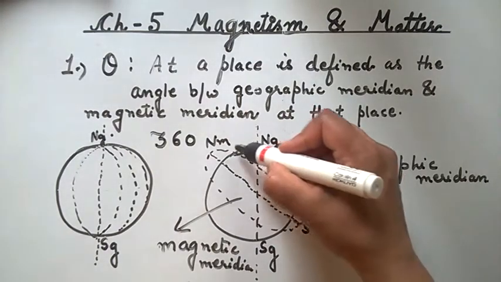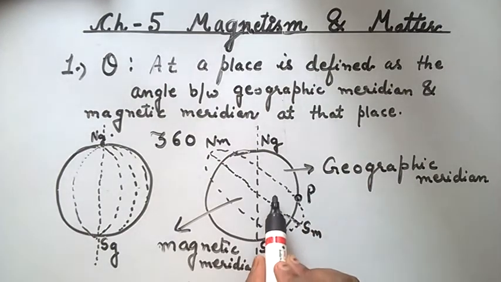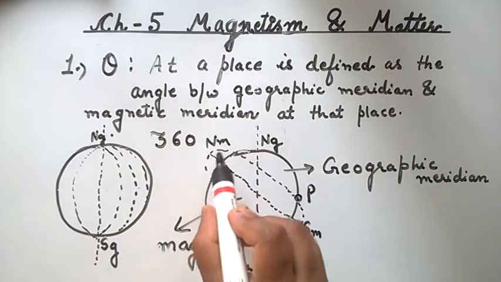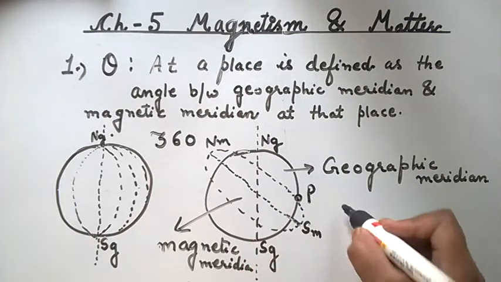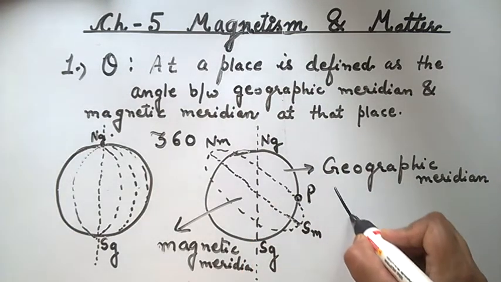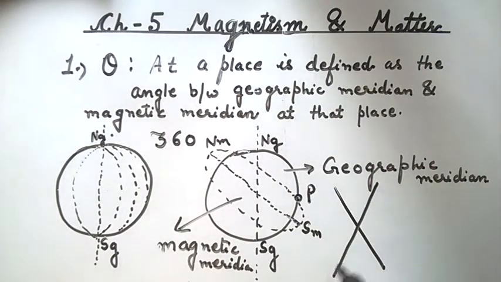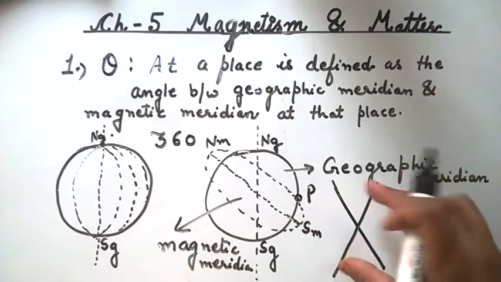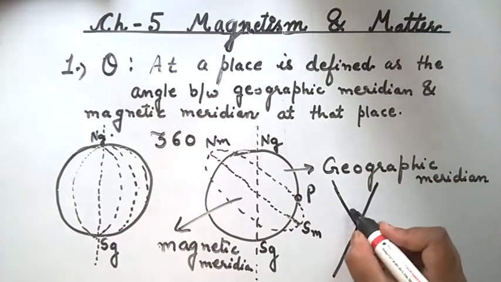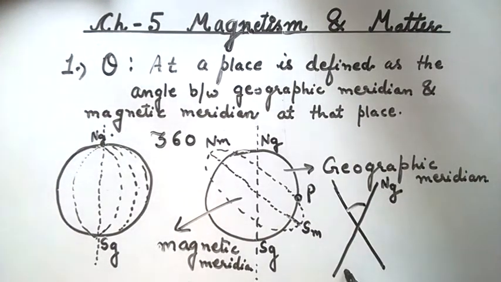So when we see this vertical plane, the magnetic meridian, from the top, it looks like a straight line. That is, a small angle is formed between two straight intersecting lines. This is geographic north and this is geographic south.